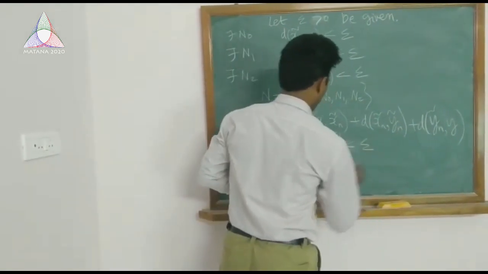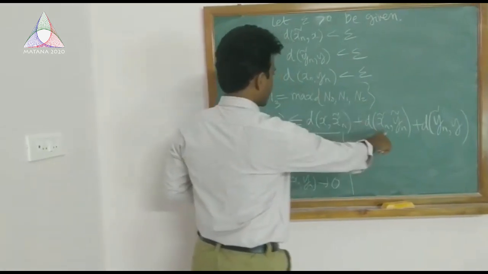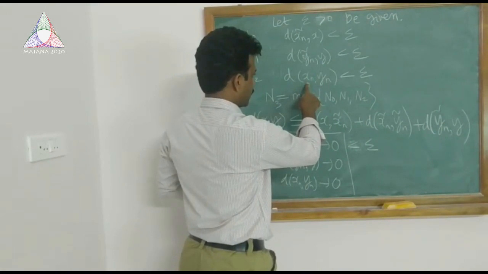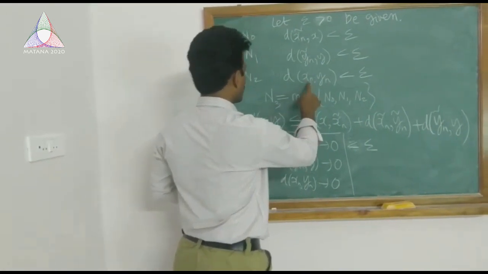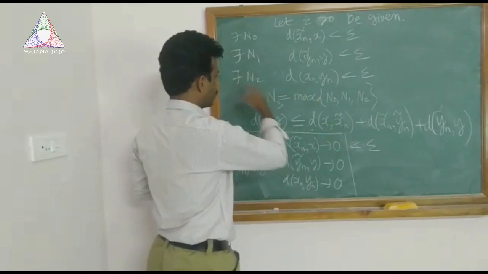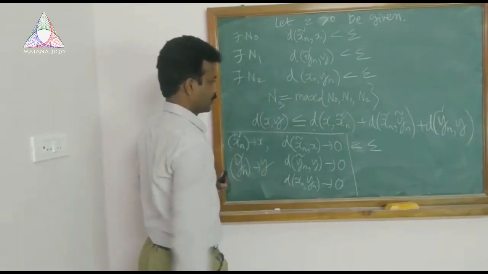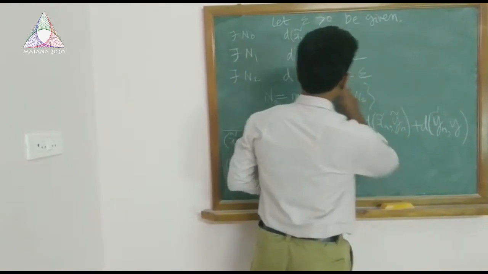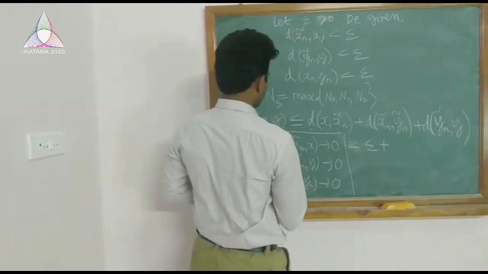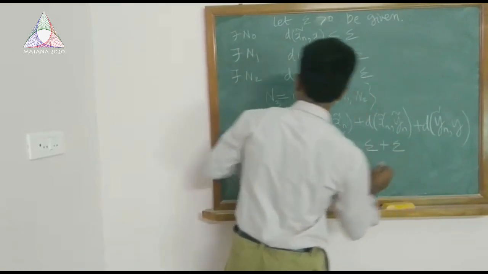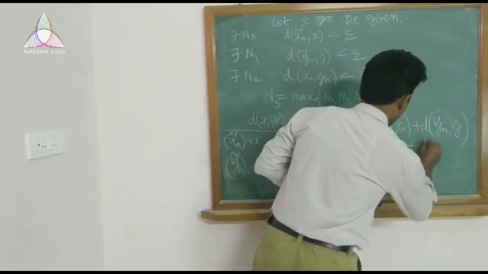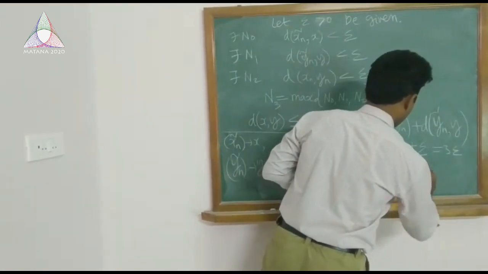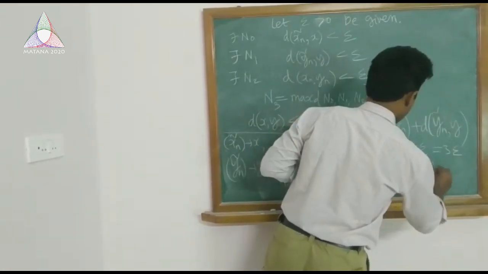Remember, this xn tilde is a subsequence of xn, so for those n, this stage is enough. And for this we have another stage. So this is also less than epsilon. The total is less than 3 epsilon. This is true for all n greater than or equal to this stage n3.